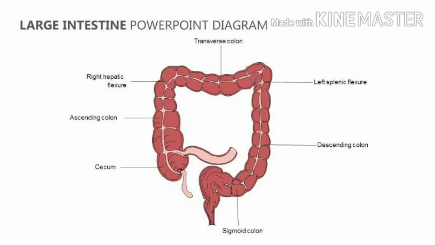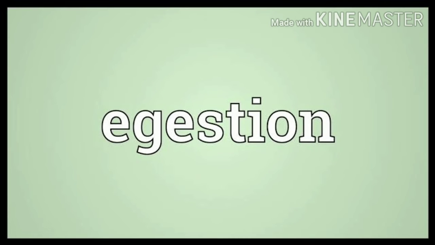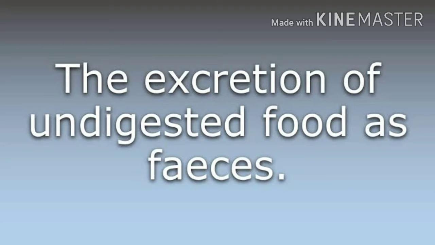In the colon the useful nutrients, salts and water, if by chance present, are absorbed, and the undigested food and other waste products from the body, like nitrogenous or ammonia waste, are collected and then sent to the rectum, where they wait to be passed out of the body through another process called egestion. Egestion means removal of unwanted waste products from the body through the anus in the form of feces.